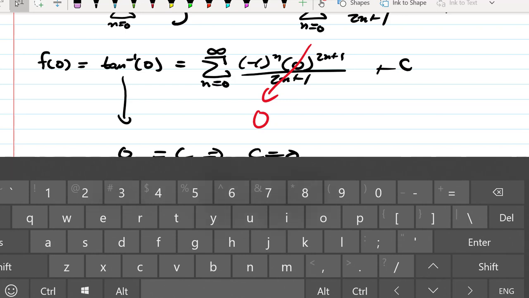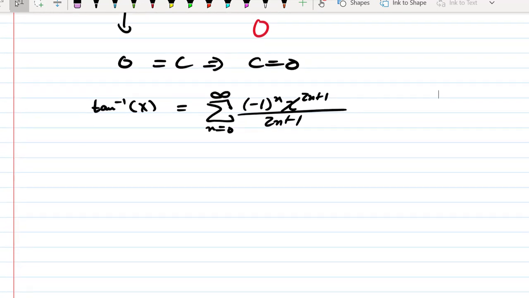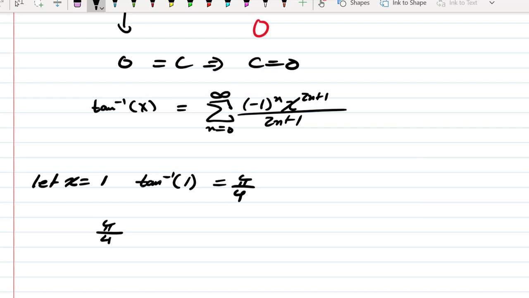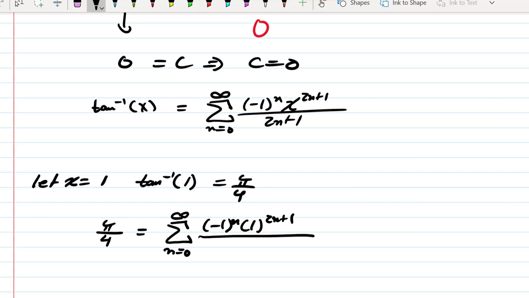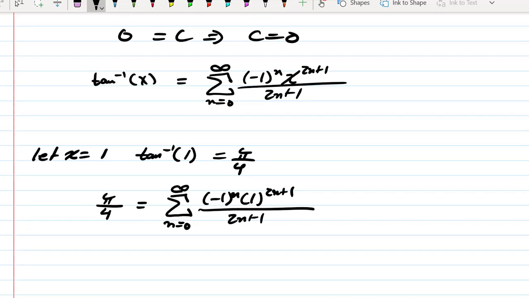So once again, we can find some pretty interesting sums. For example, if we let x equal 1, the inverse tangent of 1 is pi over 4. So then pi over 4 would be equal to this series evaluated at x equals 1. So negative 1 to the n times 1 to the 2n plus 1 all over 2n plus 1.